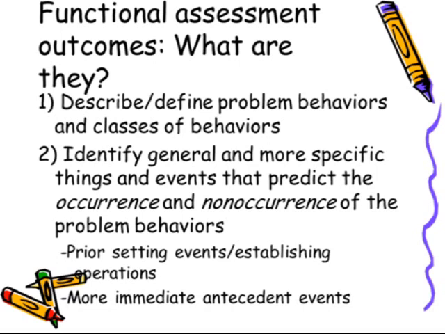However, it's just as important to know what are things that predict the non-occurrence of a problem behavior. If you've got some situations where the problem behavior almost never occurs, you can get a good sense as to why the behavior occurs.